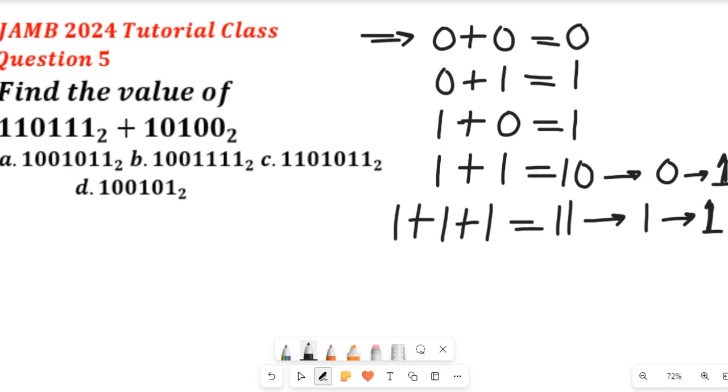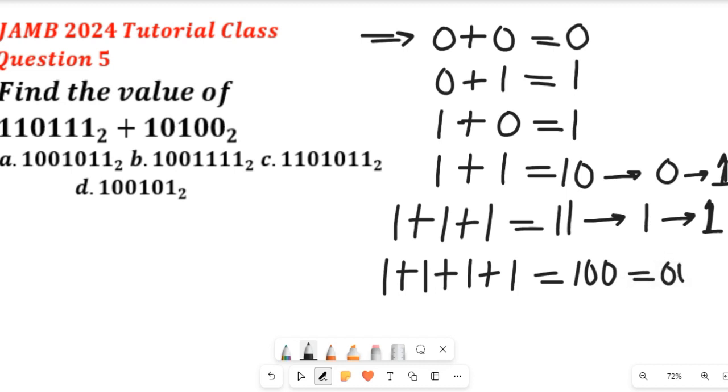What if you are adding four binary numbers, 1 plus 1 plus 1 plus 1? This gives you 100. So you write the first 0 and 0, and then carry 1 to the next column. That is exactly the rules guiding the addition of binary numbers.